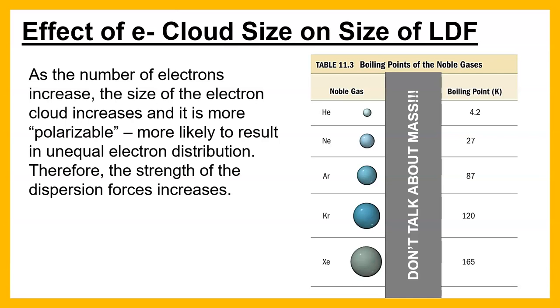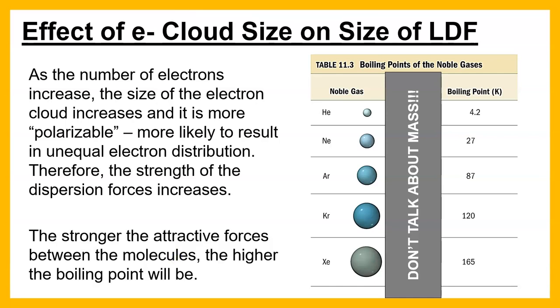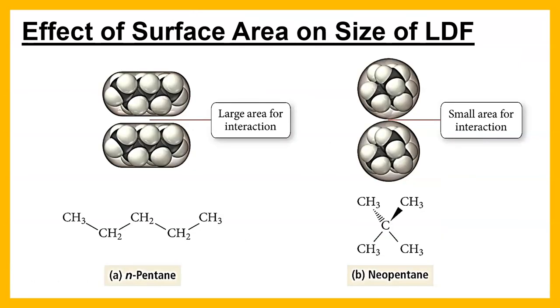Now, does the fact that you have to talk about the size of the electron cloud and it being more polarizable mean you're having to write a little bit more? Yes. But they are specifically looking for those two things. Now the surface area can be complicated to calculate, right?